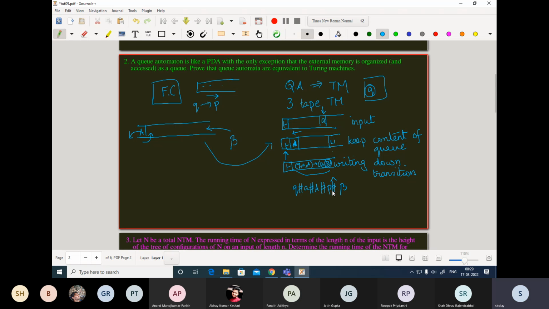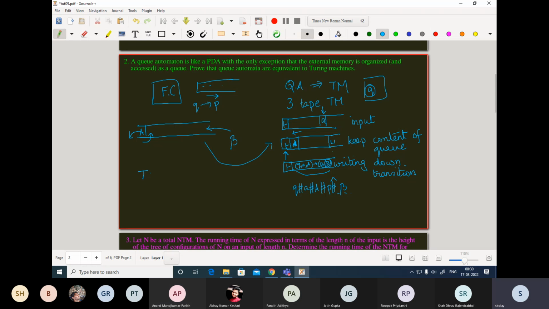So you somehow mark the fact that I have to start copying after this marked hash. And then you write this beta down starting from the first blank space on the second tape. So fine? Yes, ma'am. Okay, so one direction is clear.